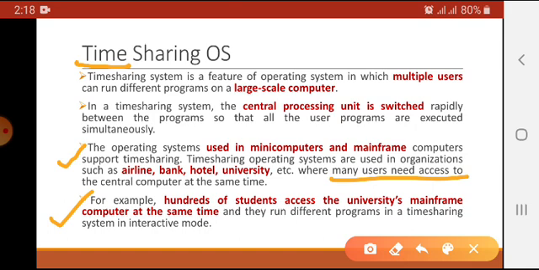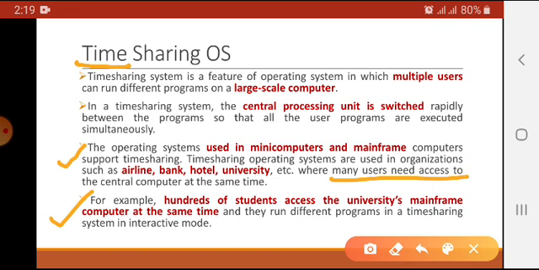For example, if I am using online banking, I am using the computer at my home, but my computer is connected with the central computer that is present in the bank.